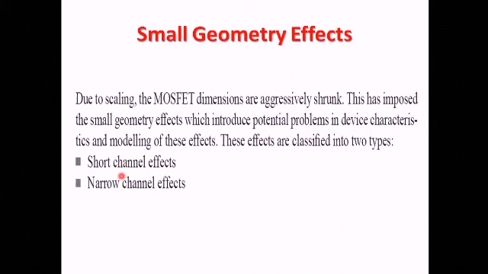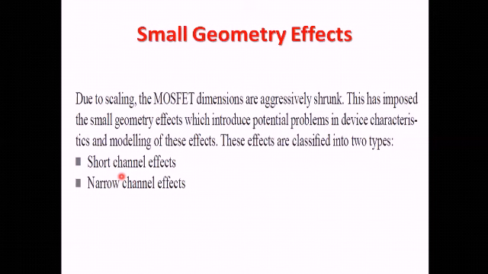As you know, there are 2 types of scaling, that is constant field scaling and constant voltage scaling. Due to these scalings, the MOSFET dimensions are becoming small day by day. This has imposed the small geometry effects, which have introduced potential problems in the device characteristics and also in the modeling.